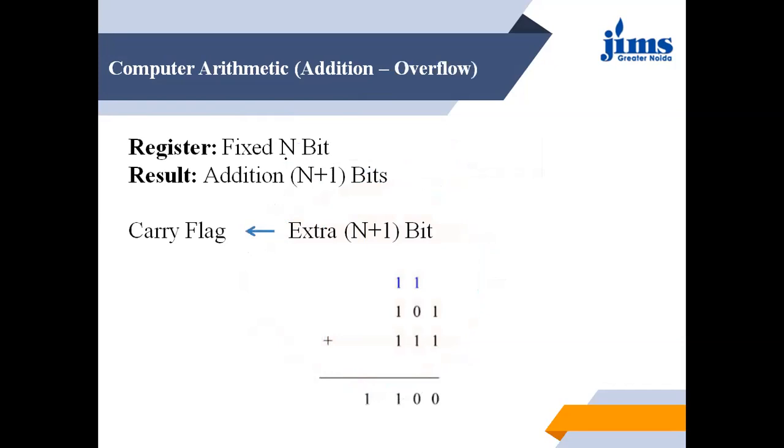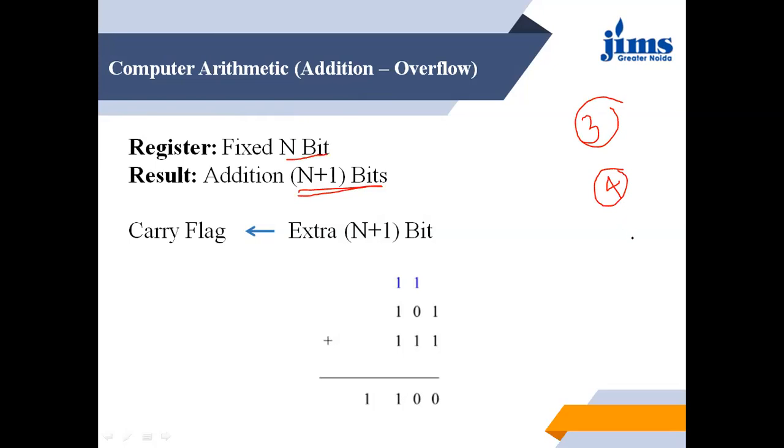Suppose we have an n bit number and after addition we get n plus 1 bit. Suppose I have a 3 bit number and after adding any of the numbers I get 4 bits. Then as the number can store only 3 bits, where will that 4th bit go?